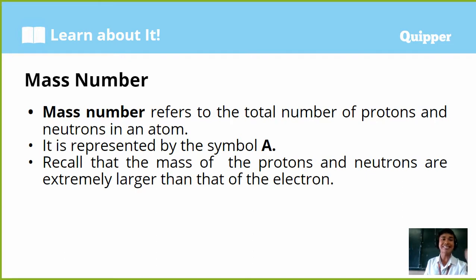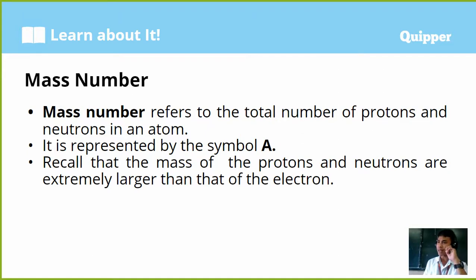That represents the mass of an atom. It is represented by the symbol A. So for atomic number, Z; for mass number, A.